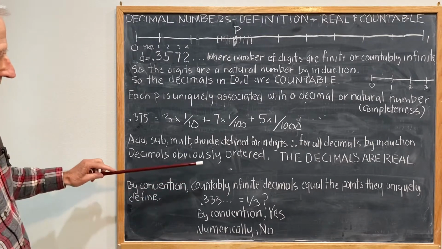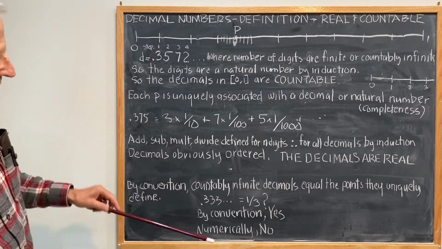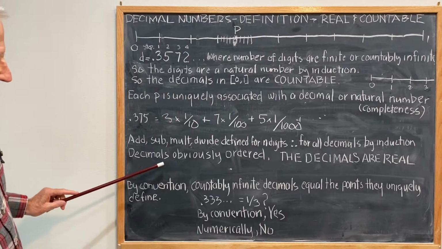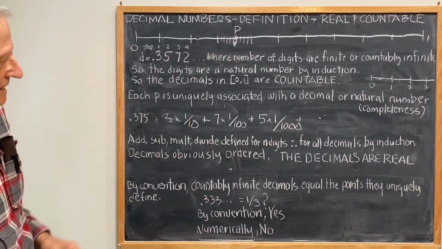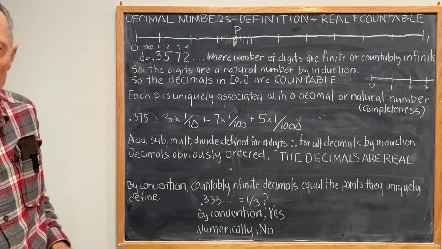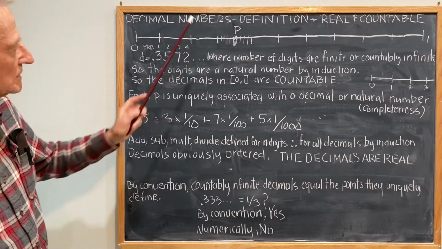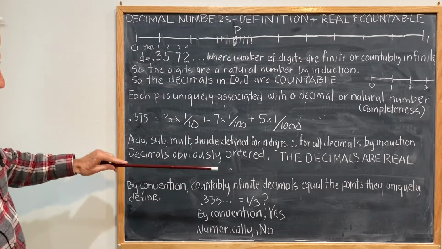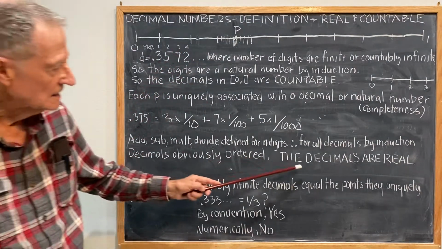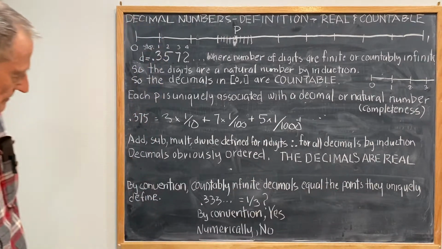So we also note that the decimals are obviously ordered. That P is bigger than that P, and the corresponding decimals are ordered accordingly. So all these properties prove that the decimals are real.